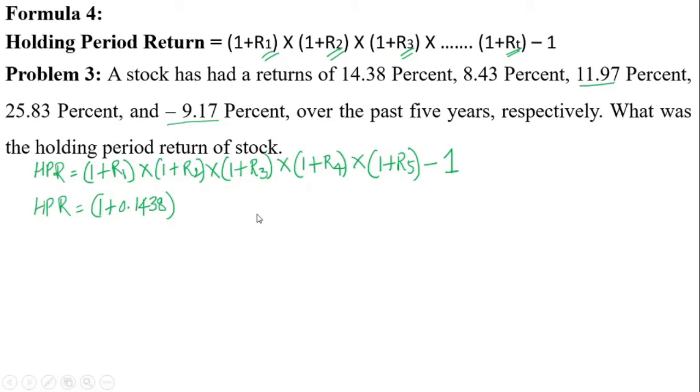Multiplied with 1 plus R2. R2, the second year percent, is 8.43. 8.43% means 8.43 divided by 100, then we will get 0.0843.